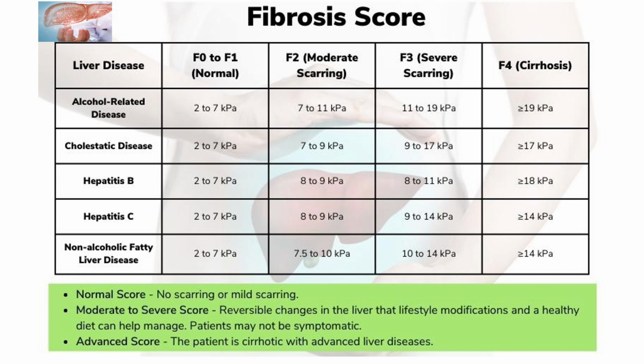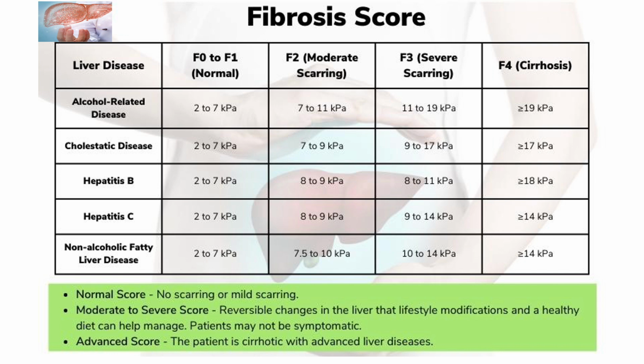In this slide, we see the inference or the fibrosis score after the Fibroscan. So we can see it for various diseases, and you can see the kPa range. What we need to understand here is F0 to F1, okay? That is a level which indicates normal, whereas F2 indicates moderate scarring of the liver, F3 indicates severe scarring, and F4 indicates cirrhosis.